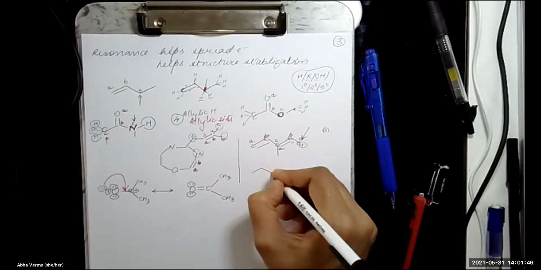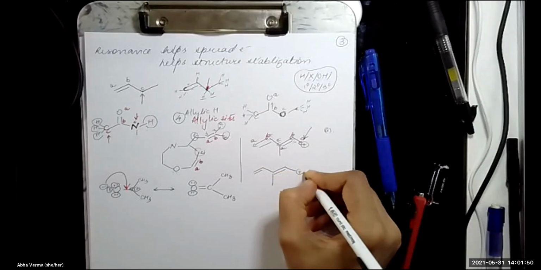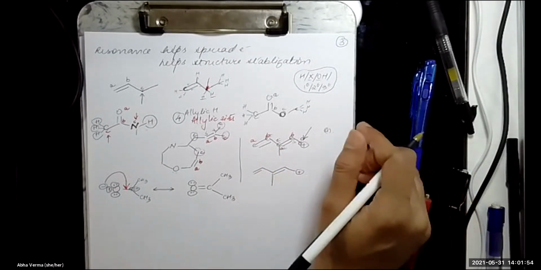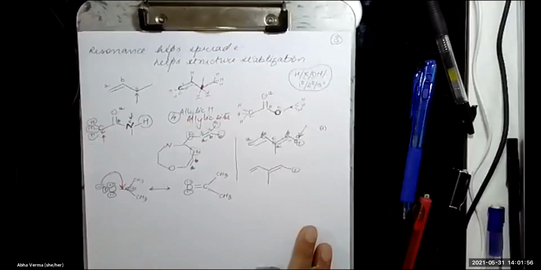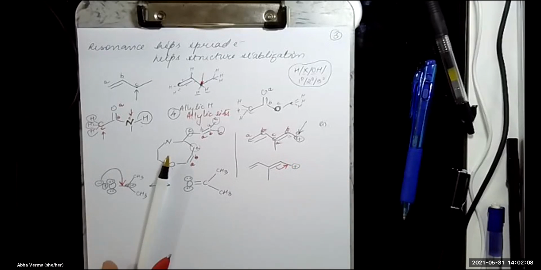So let me redraw this positive charge. Now, where do I have to start my resonance structure arrow? What do I see here? I see pi bonds and I see a positive charge. Where will I start? Very good. And I'm going to do this with one arrow. We can do one arrows.